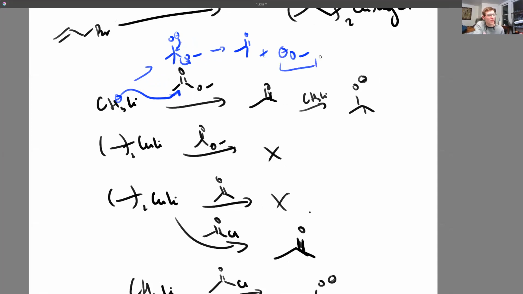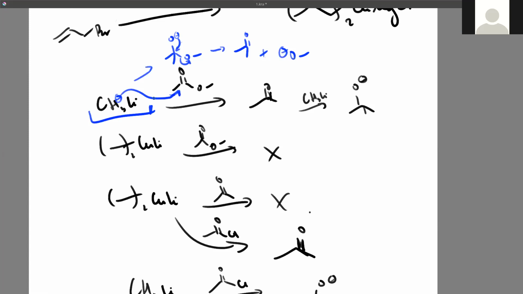And this is normally not really a great leaving group. Like it's not that great, right? If we think about this O-, an OH on methanol has a pKa of like 16. So it doesn't normally like being deprotonated. It takes some serious work to get it deprotonated.